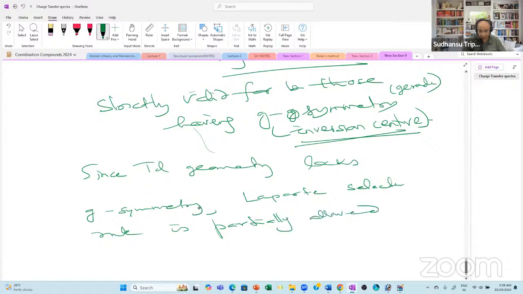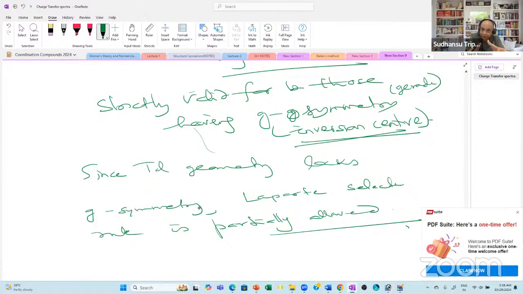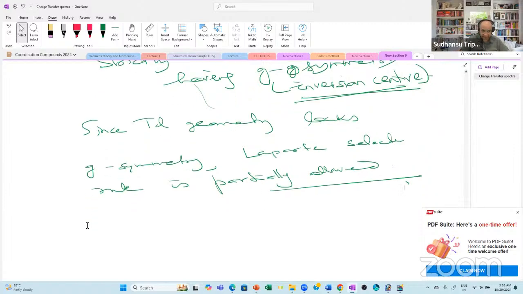Very partially allowed. So that is the reason why the intensity of tetrahedral complexes is a little more. It is not totally allowed, it's partially allowed, because this rule is strictly valid for those having g symmetry, those geometries that can have a point of inversion or a center of inversion.